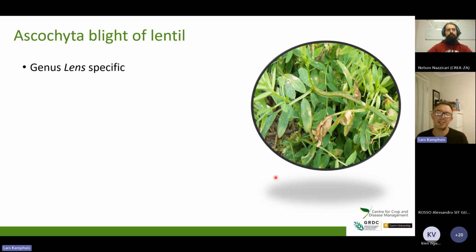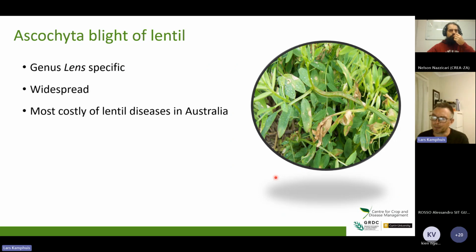So with the Ascochyta species, they're all host specific. So an Ascochyta of lentil can only cause disease on lentil and not on any of the other legumes. And it's found in all lentil production areas around the world. And in the case of Australia, it's our most costly disease, followed by Botrytis grey mold.